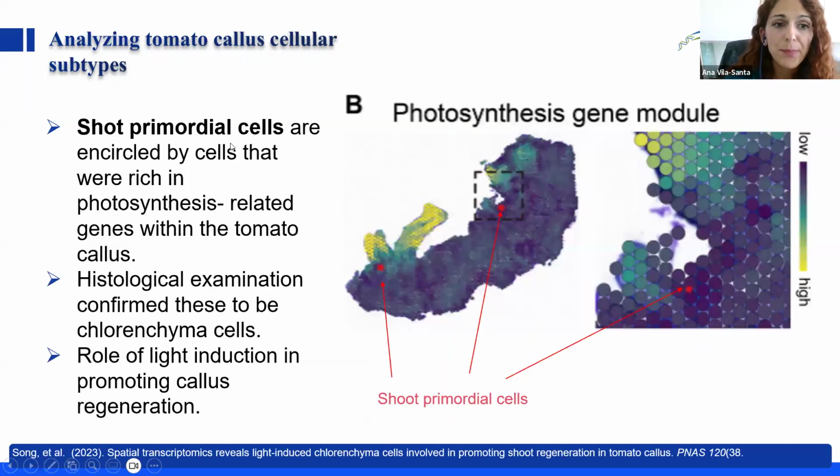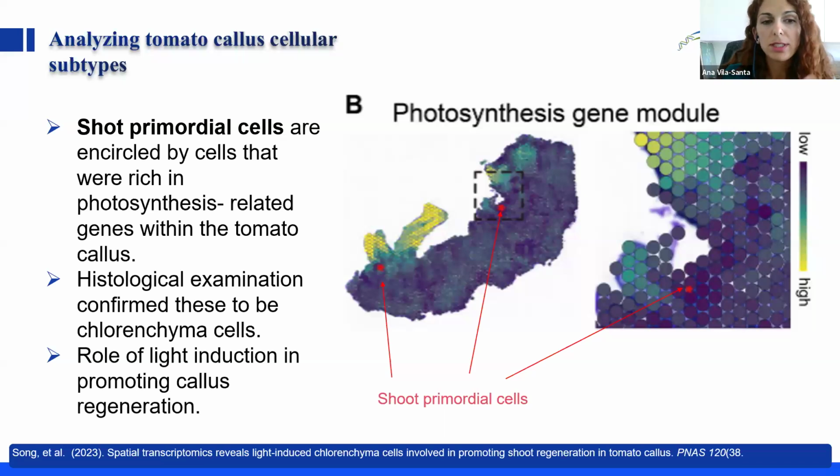But furthermore, they also found out that these shoot primordia cells, which in this image are depicted in red, are enriched by cells that are upregulating photosynthesis genes. So it seems that there is an interaction between shoot primordia cells and cells that are actively photosynthesizing.